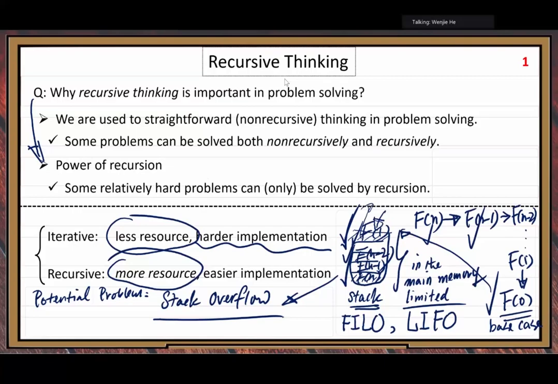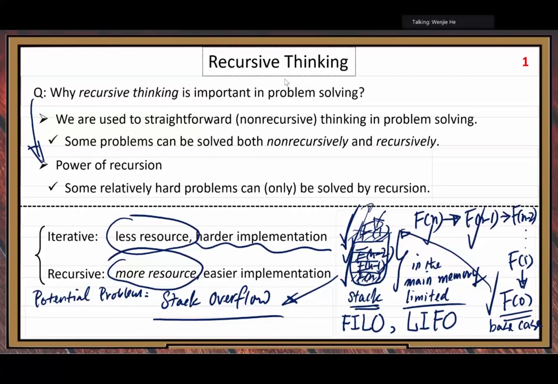The memory cannot do anything. So you see the stack overflow runtime error on your screen, and then your program crashes. That's the typical problem, the stack overflow problem.